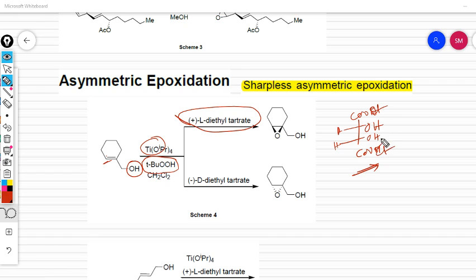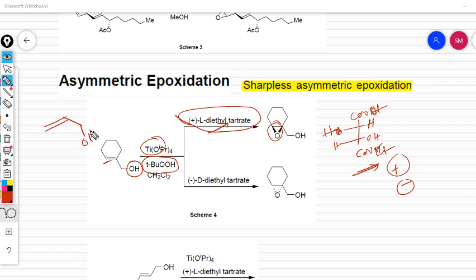This diethyl tartrate, if it is not meso, let's say the active diethyl tartrate is present, it can be in two forms, either plus or minus, based on the optical rotation. If it is in the plus condition, it will support the epoxidation to the above of the plane when the allylic alcohol is arranged in this fashion.